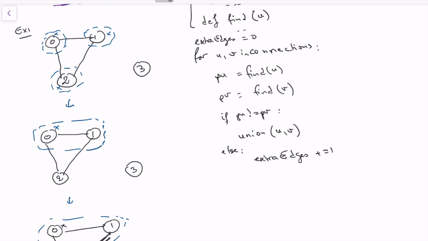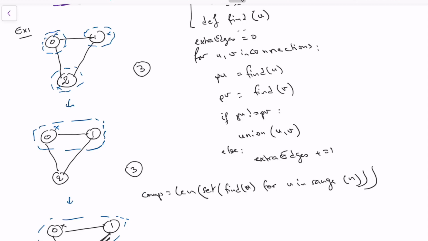So we can just take the set of find u for u in the range of n. This will give us all the parents, and they would be unique because of the set. And now we get the number of components by just getting the length.